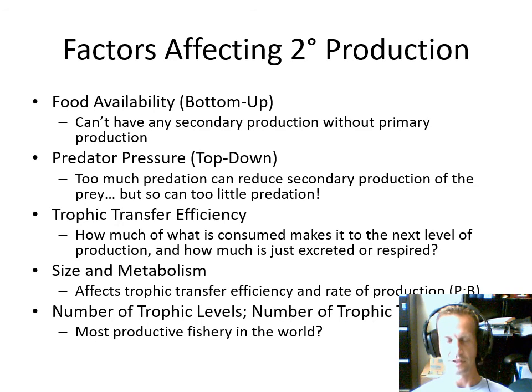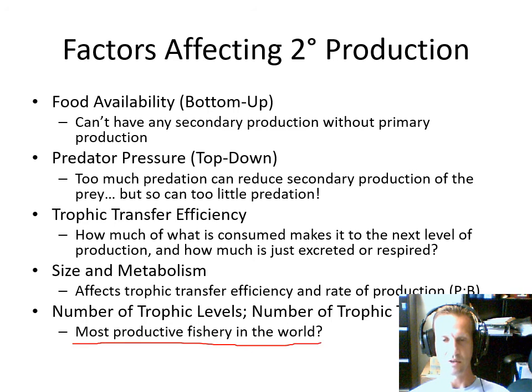As it goes through all these transfers from one organism to another up the food chain, a lot of the biomass is lost. So ultimately, the amount of biomass and productivity of the organisms at the top of the food chain is lower than at the bottom, and that's one of the reasons why the most productive fishery in the world is actually the Peruvian anchovies.